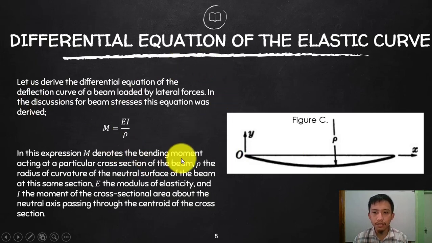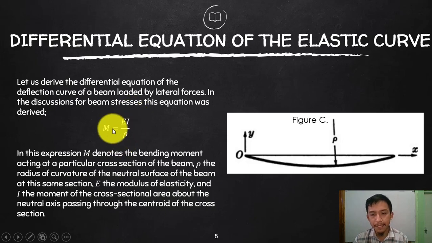If we recall the derivations that we had before, when we discussed stresses in beams, we derived a relationship of the moment within the beam to be equal to EI over rho.